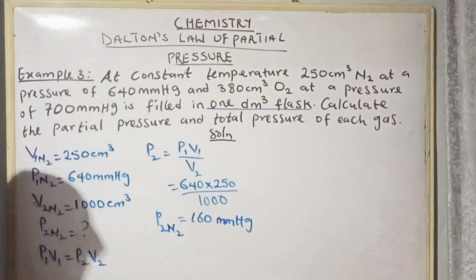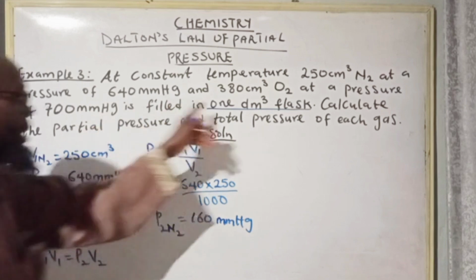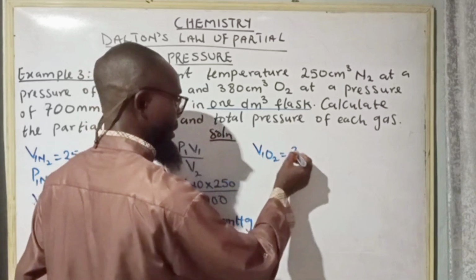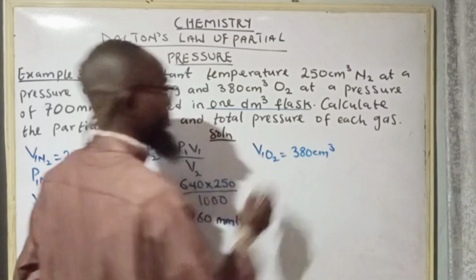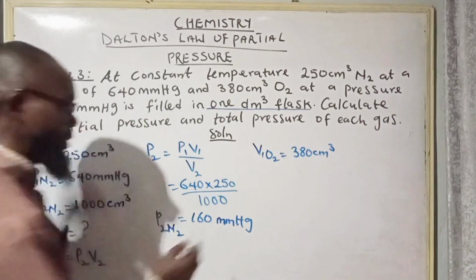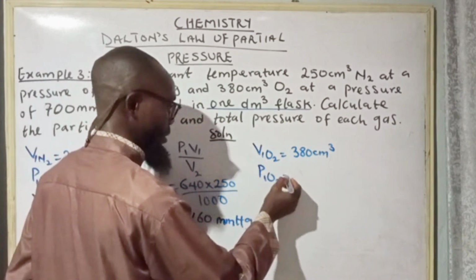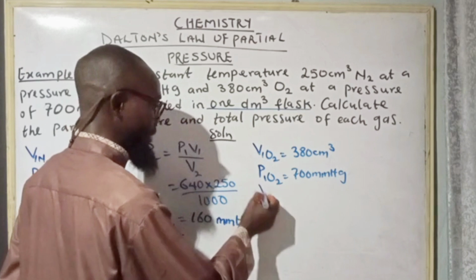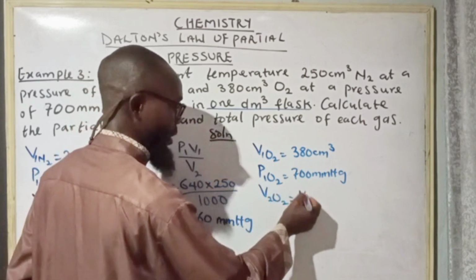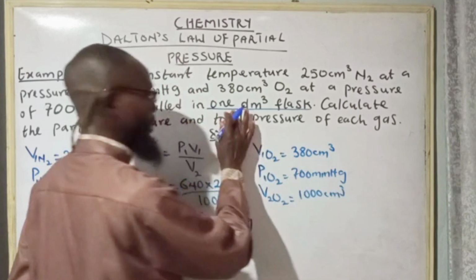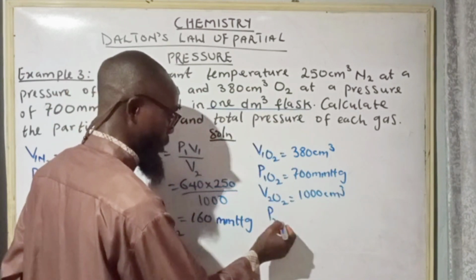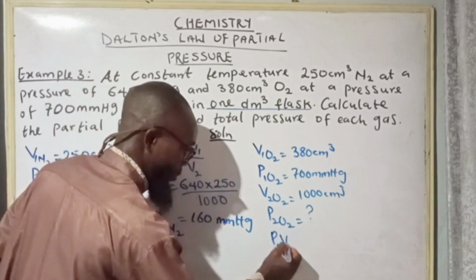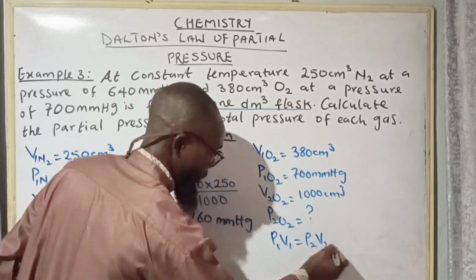Now, let's calculate for the oxygen. From here as well, 380 centimeter cube of oxygen, V1 for oxygen, 380 centimeter cube, at a pressure of 700 millimeter of mercury, P1 of oxygen, 700 millimeter of mercury. Now don't forget our V2 of oxygen remains constant, 1000 centimeter cube. That is in a 1 dm cube flask. While our P2 of oxygen is unknown. That is what we are told to find. And P1 V1 equals P2 V2.